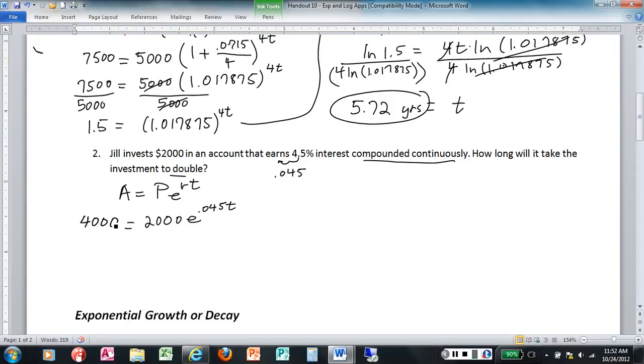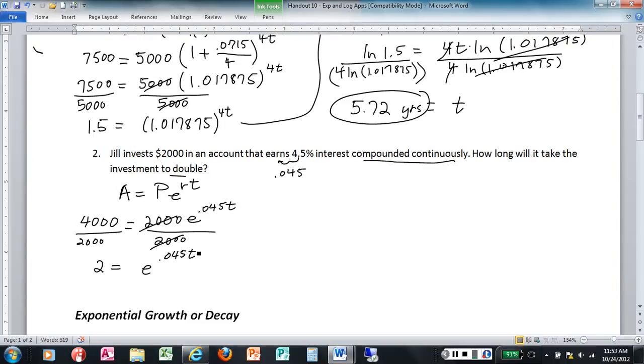All right, well, same basic steps to do this. First of all, I would get rid of the 2,000. Divide off the 2,000, because that'll reduce that down right there. 4,000 divided by 2,000 is 2. So we have 2 on the left, and then the 2,000s cancel, so we have e to the 0.045t on the right.